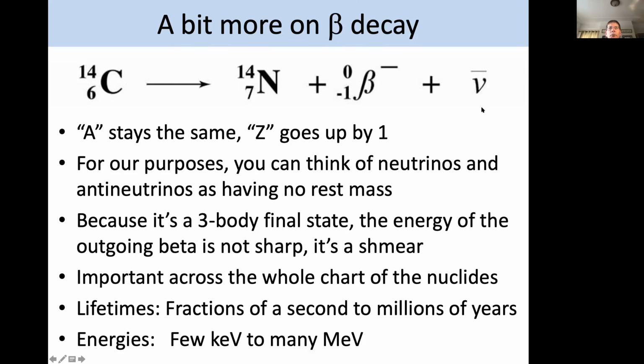You can also have electron capture, where the nucleus basically eats an electron to go down by one charge, and then you just come off with the neutrino. That's a two-body final state, but you don't see the neutrino. You can end up with subsequent gamma rays as well. Not important for our course.